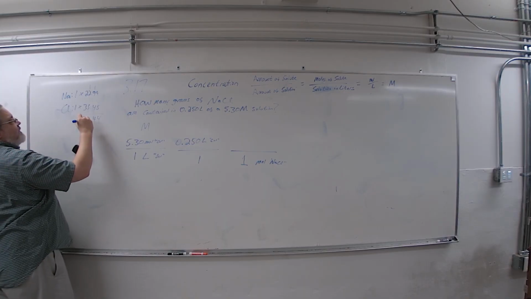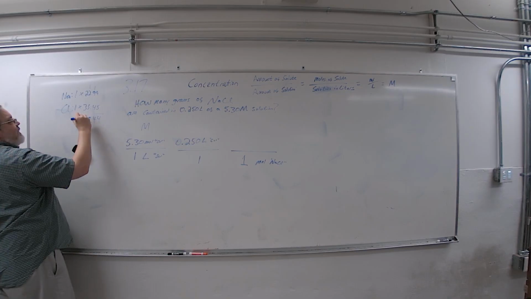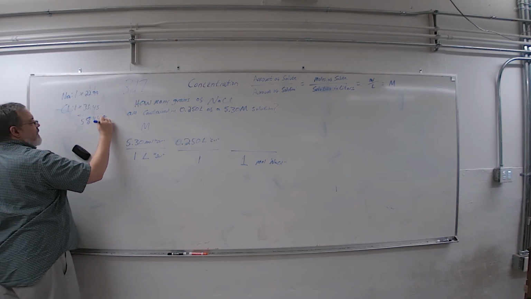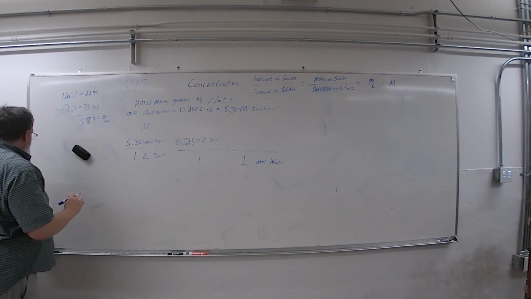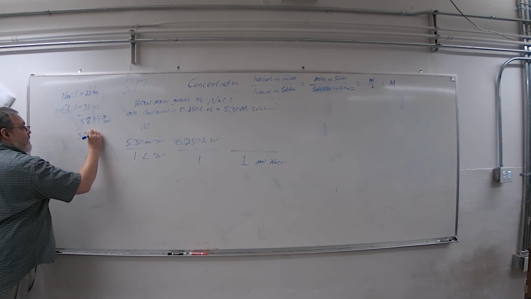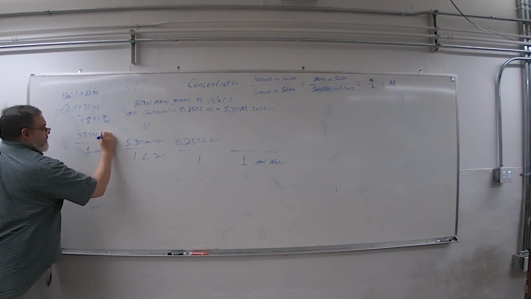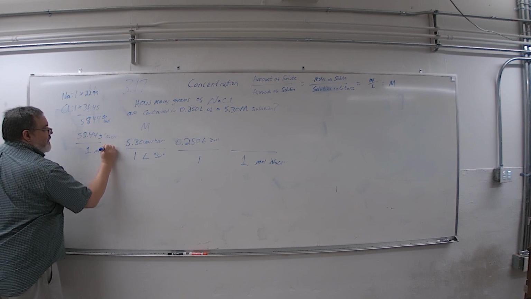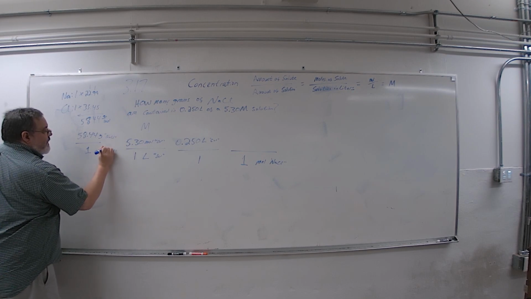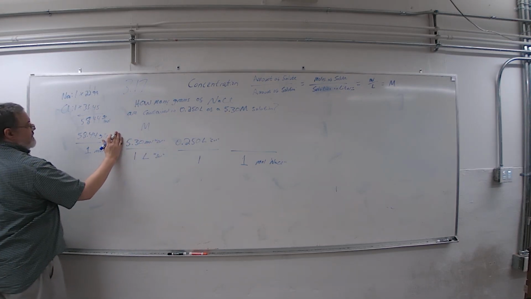So there's the grams per mole of NaCl. But I would write it like that, maybe with the label. This isn't part of the calculation.